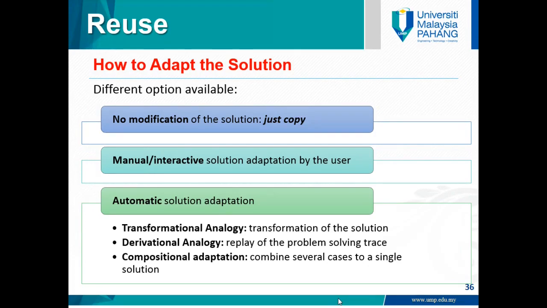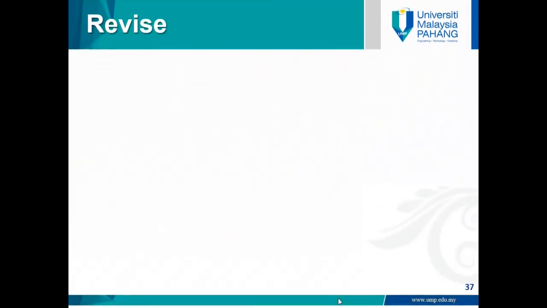So the proposed solution will go to the revise cycle. In the revise cycle, we aim to revise the proposed solution that we obtain from the reuse cycle. So in the revise phase, how do we revise the proposed solution? We revise the proposed solution by verifying and correcting the solution.